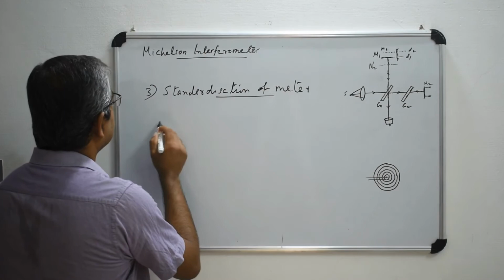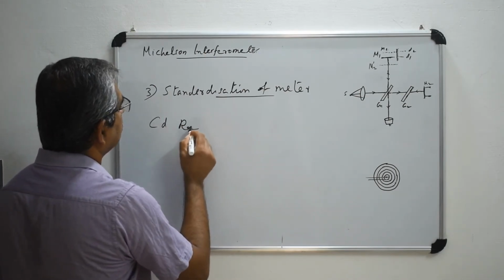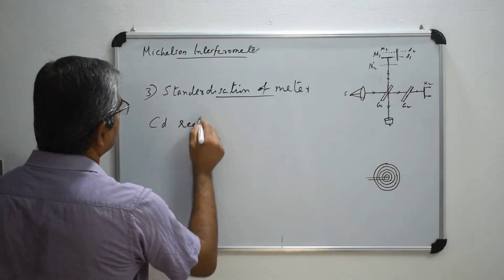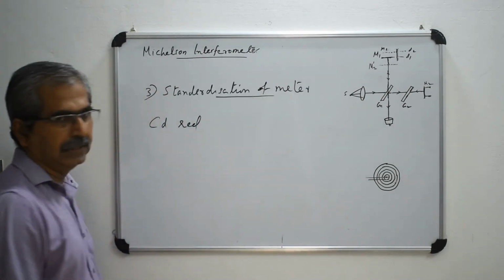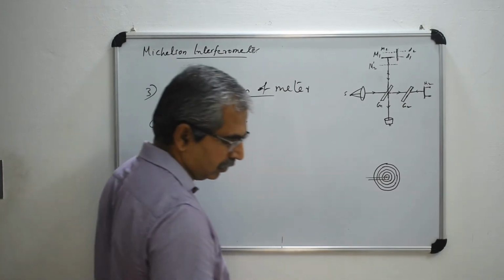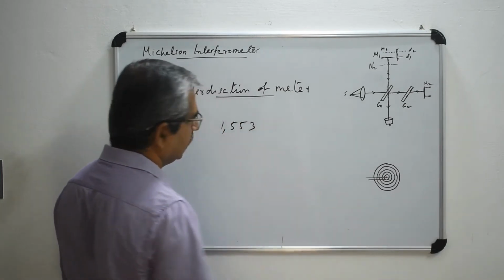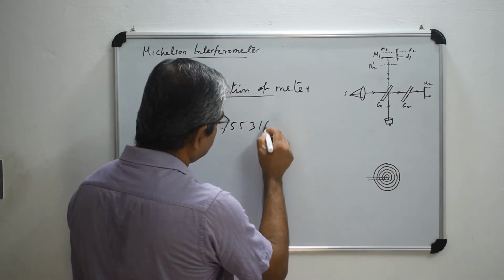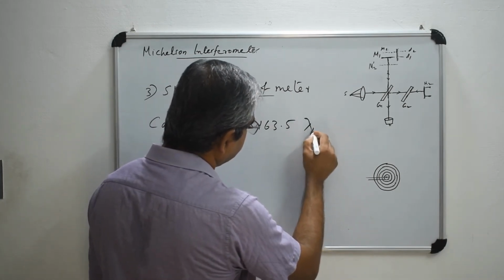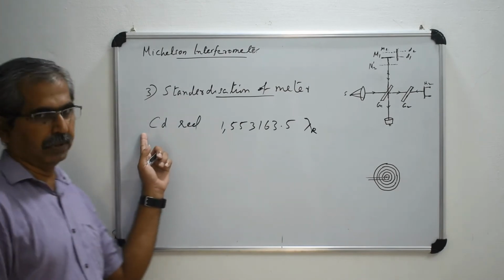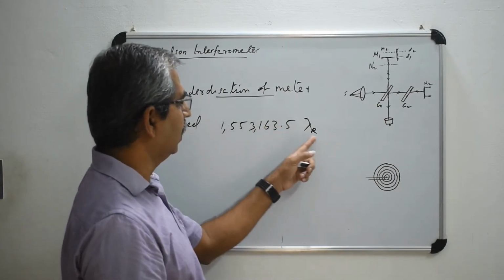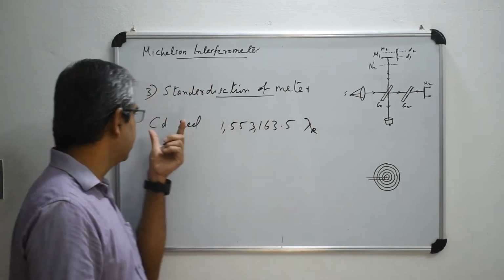So for the cadmium red light, the meter scale is standardized as 1,553,163.5 wavelengths of the red emission from cadmium.